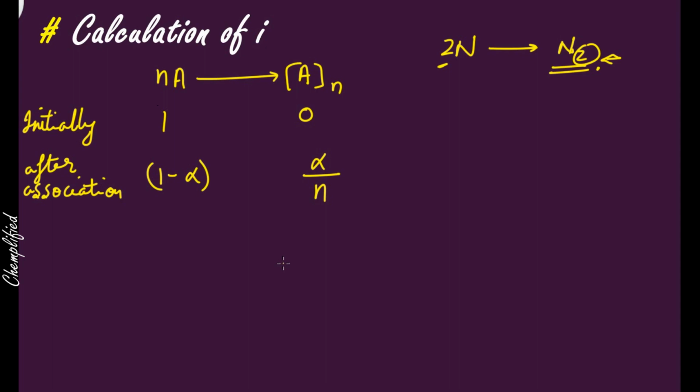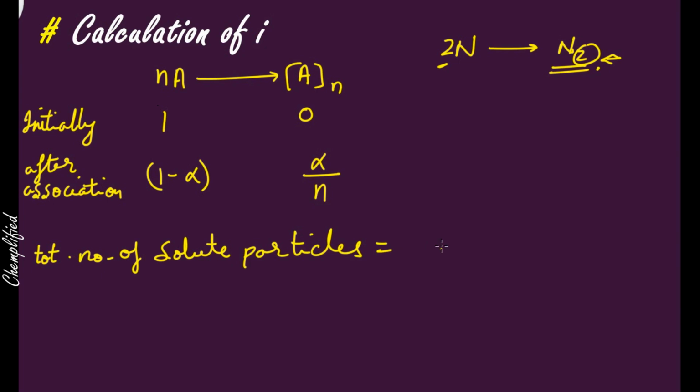Now let's move ahead. So the total number of solute particles will be equal to, since even if all the particles are not associated together, they are still present in the solution, you have to consider this in the total number of solute particles. So the total number of solute particles will be 1 minus alpha plus alpha upon n, right?